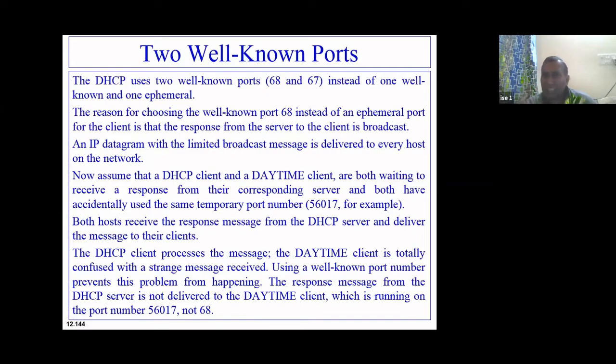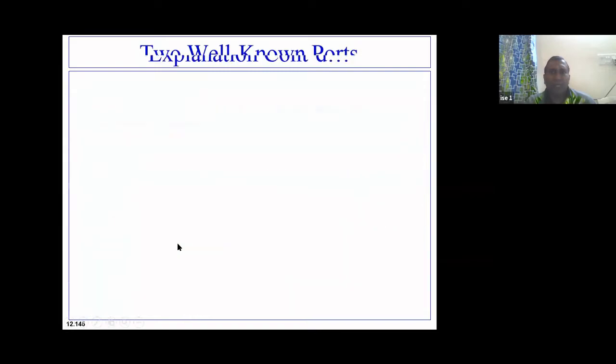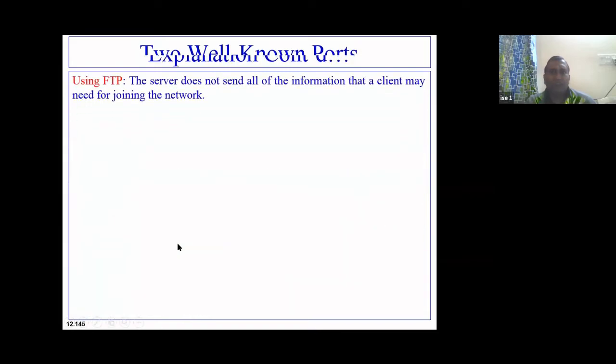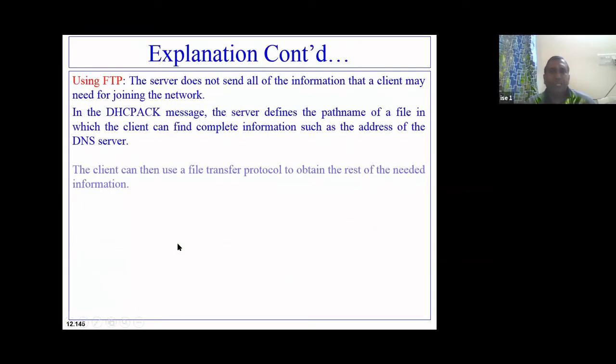Now there are 2 very special ports called 68 and 67, right? So 68 is always associated with the client, and 67 is associated with the server. So this is what you have to remember.